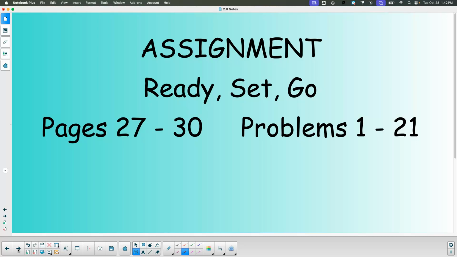It's going to be on everything so far in Unit 2. Then, looking forward, you will have a test next week, Thursday. So quiz tomorrow, test next week.